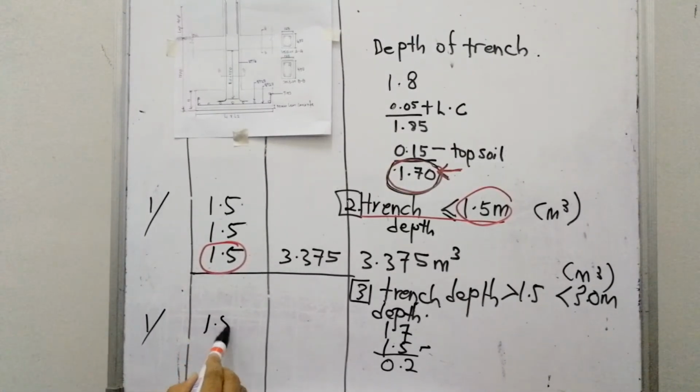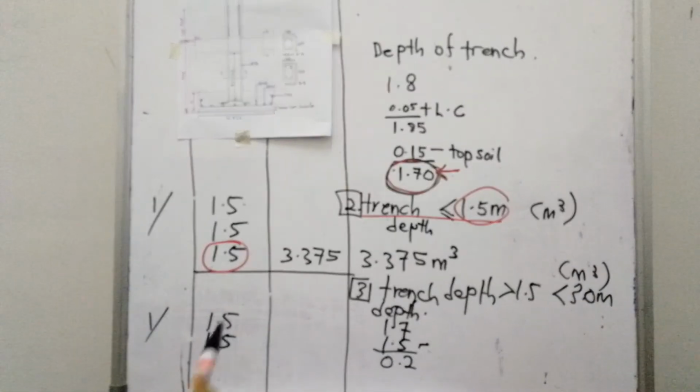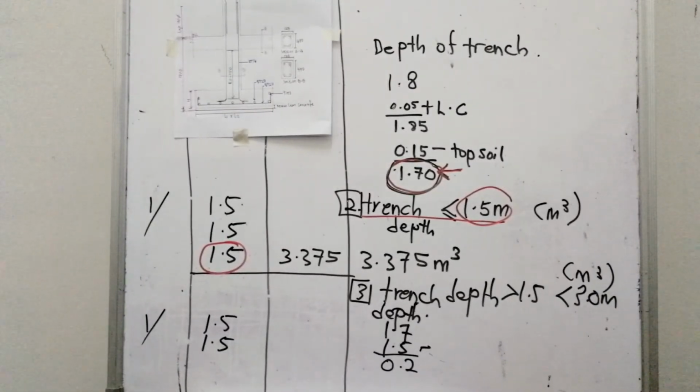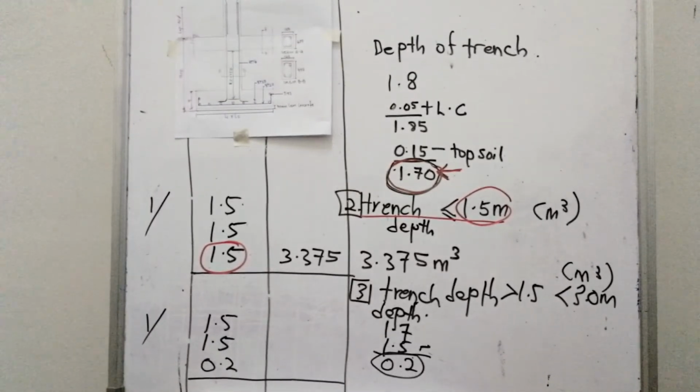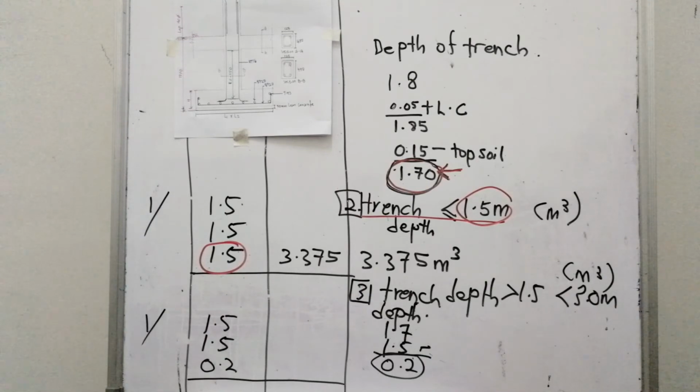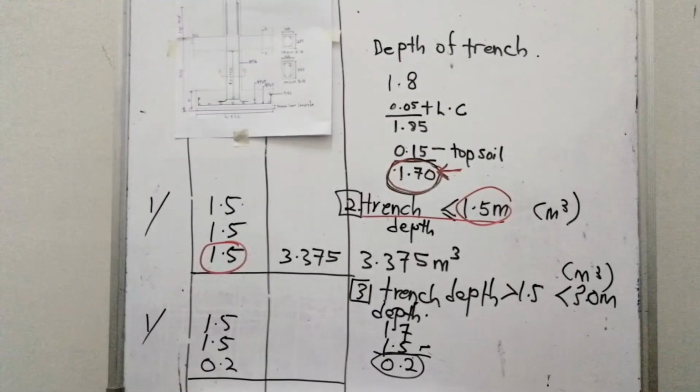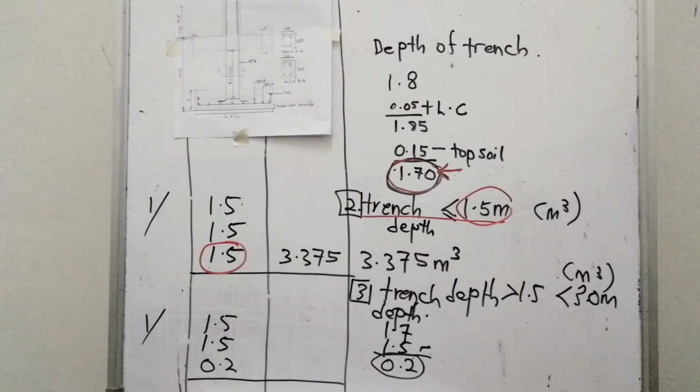The size of the footing is 1.5 by 1.5, and the depth is 0.2. So what is the volume of soil for this excavation? Stage 3 is 1.5 times 1.5 times 0.2, the depth, times the number of structures 1.